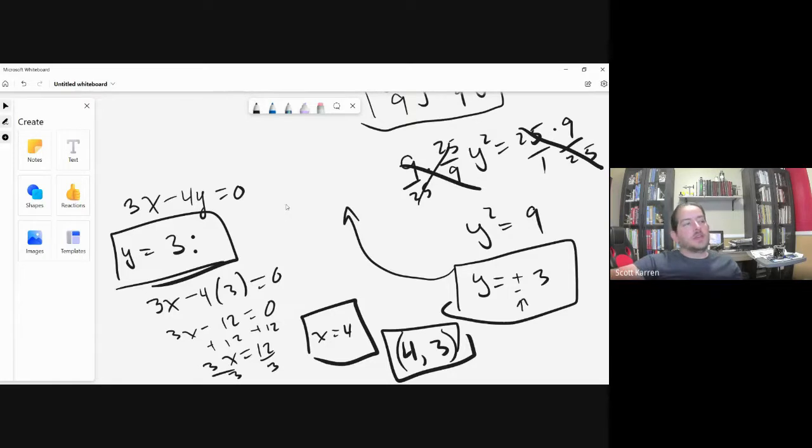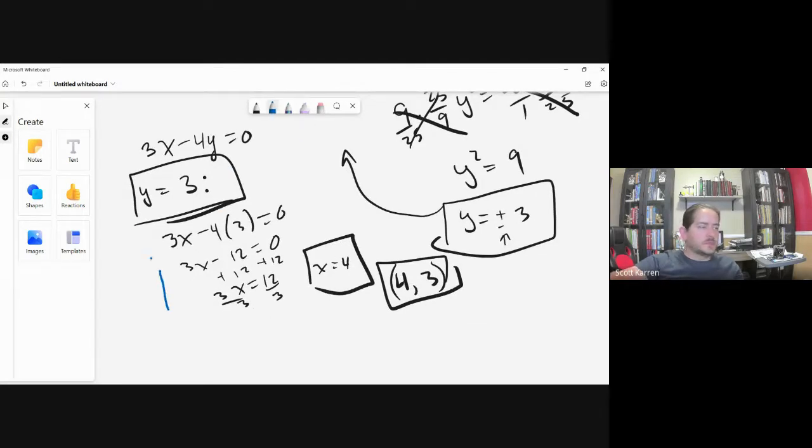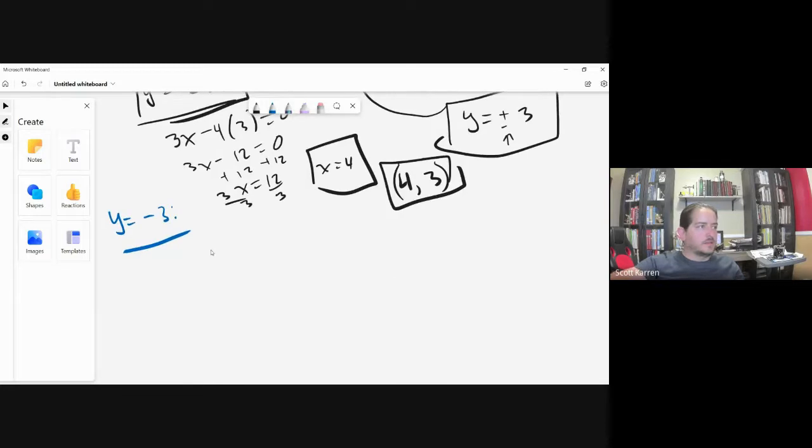Okay. And if I plug in the other one, if y equals negative 3, then I get 3x minus 4 times negative 3 is equal to 0.